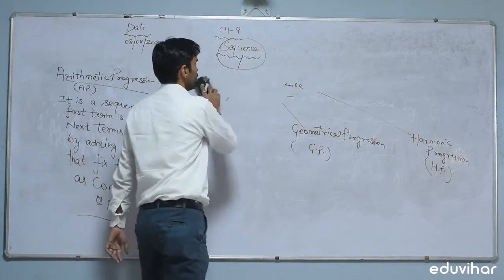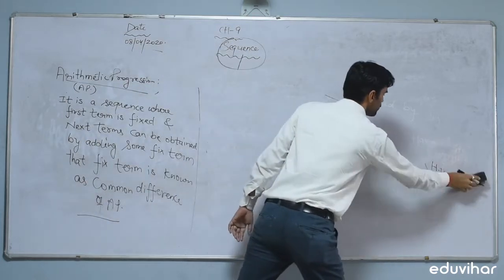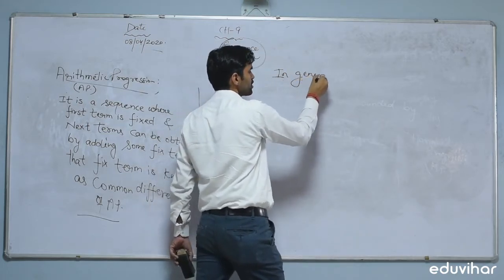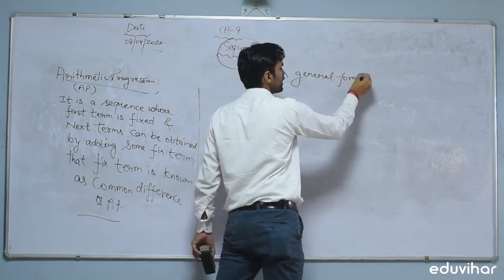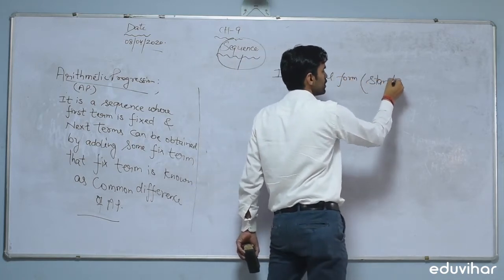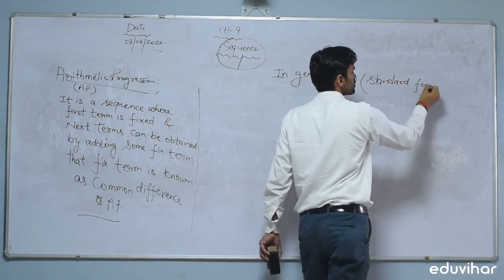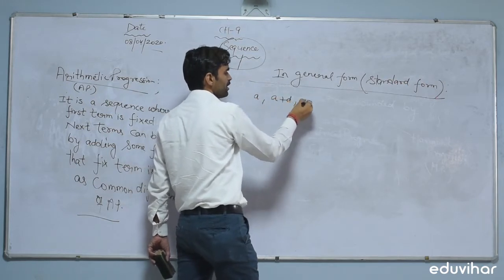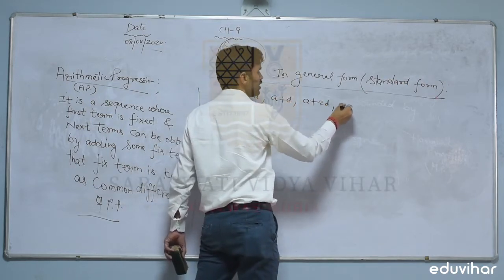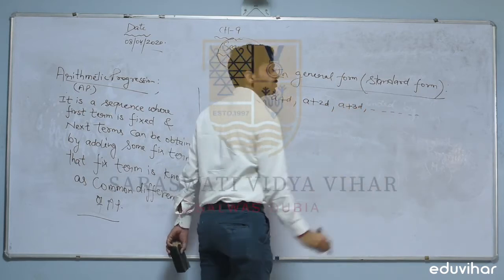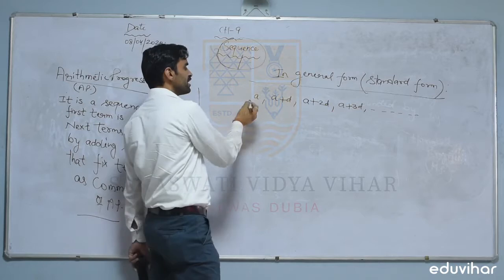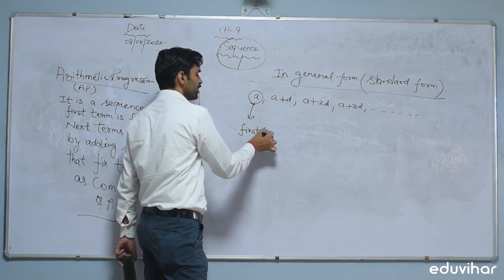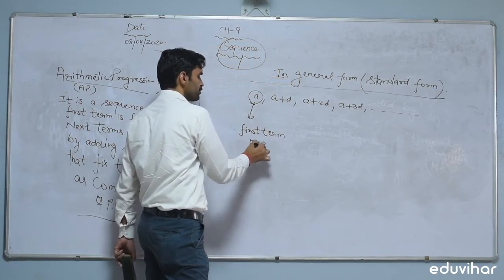In general, the AP can be written in general form, or you can say standard form, as A, A plus D, A plus 2D, A plus 3D, and so on. Here A is the first term of the AP.